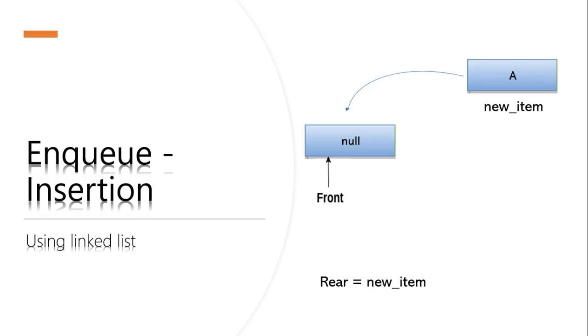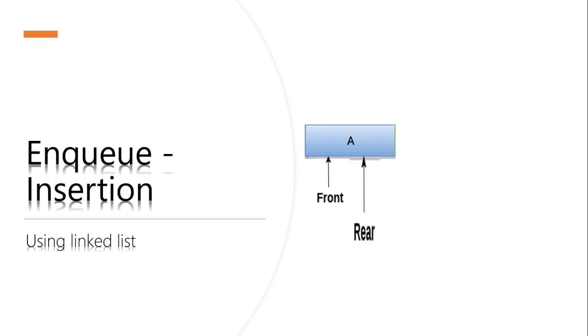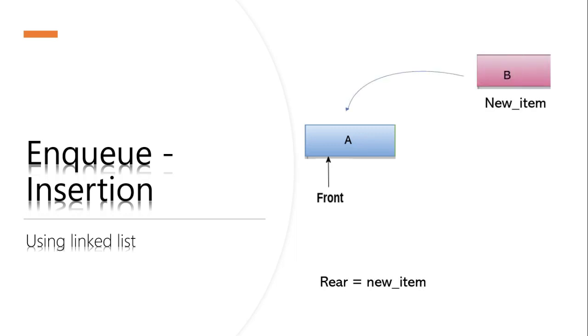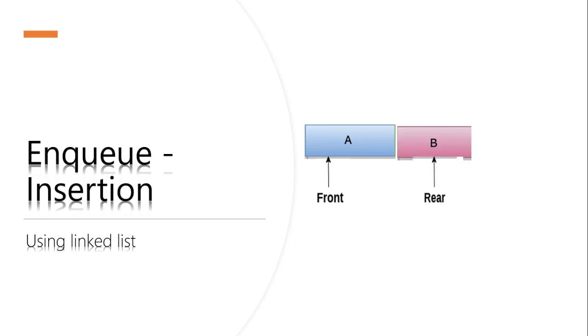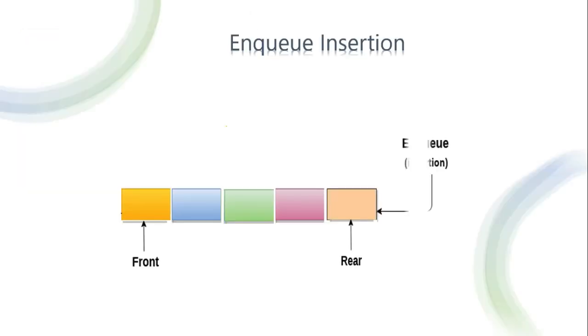This instruction will make the rear point to the new item like this. If you insert another new item, then the rear will point to the new item like this. Rear points to B. It means rear equals new item. Rear will keep pointing to the new item that is inserted at the rear end. So the enqueue or insertion operation always happens at the rear end.